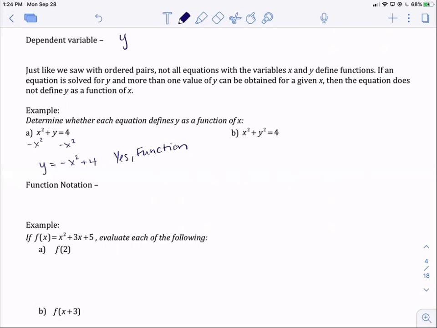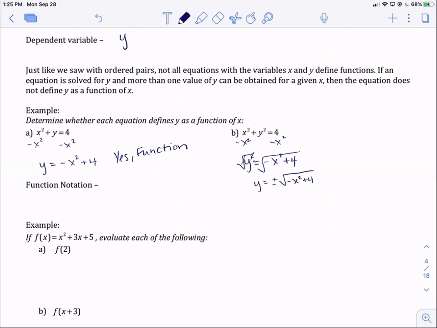But if we look at B, we want to get y by itself. We're going to start off with subtracting the x squared. So y squared equals negative x squared plus 4. And then how do we get rid of a square? Square root. And when we take the square root, what do we have to put in front? Plus or minus. So y equals plus or minus the square root of negative x squared plus 4.